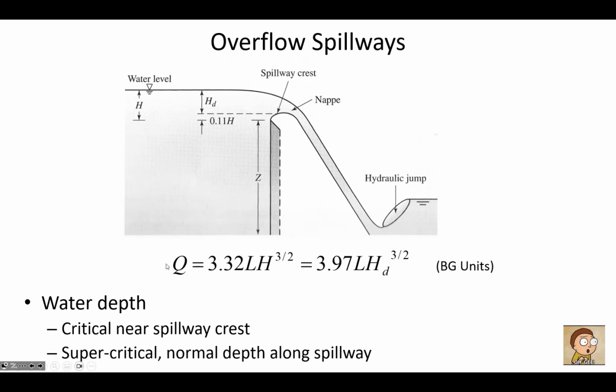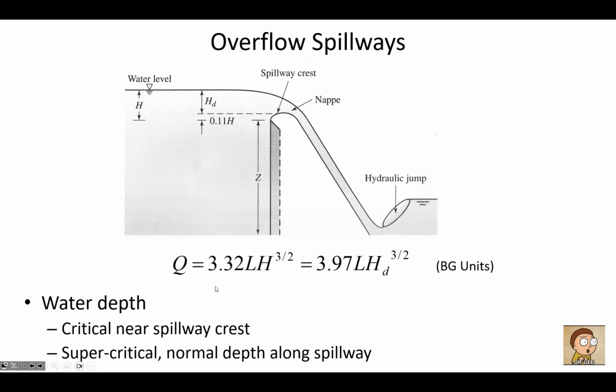So think about Q would have units of volume per time, for example, cubic meters per second or cubic feet per second. Whereas on the right-hand side, you've got length, which would be meters or feet, and then another length term that you're taking to the 1/2 power. So you're not going to get cubic meters per second on the right-hand side of the equation.